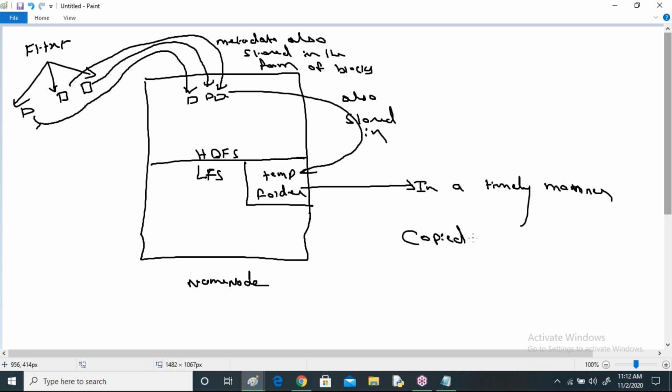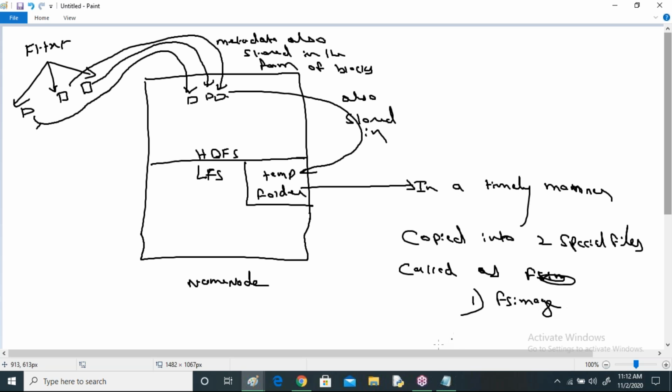it is copied into two special files called fs image and edits. Fs image is a file name, and edits is a file name. What are the file names?